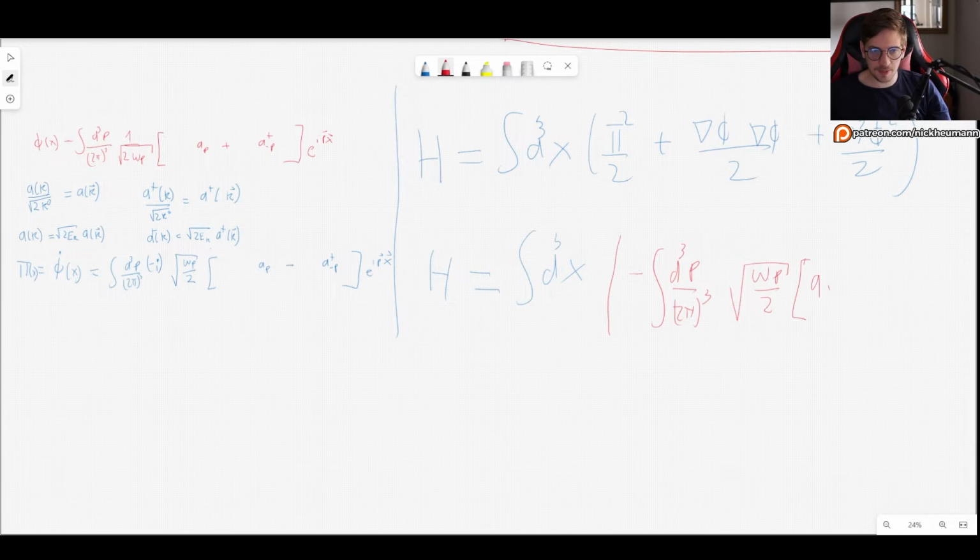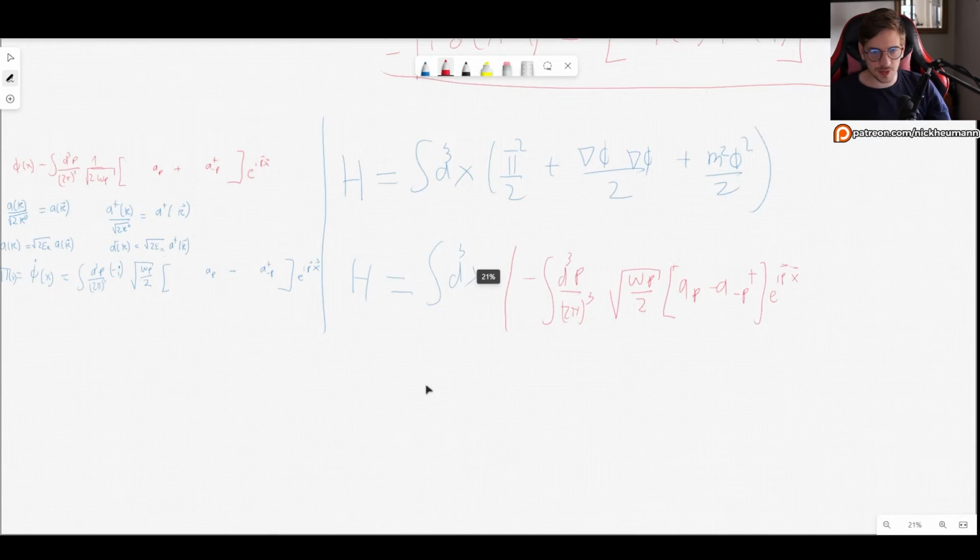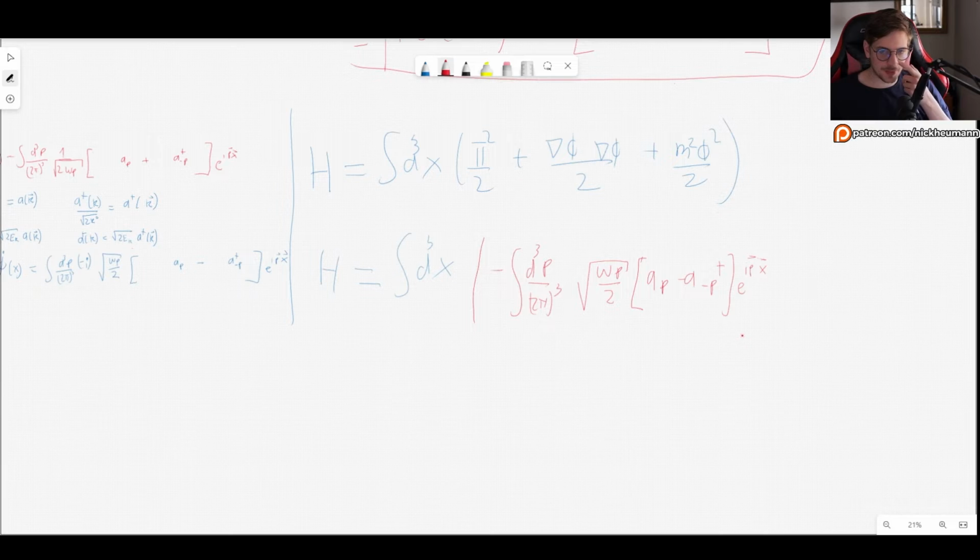So this is a p minus a minus p dagger e to the i p x, and now we have to multiply it again, but this time we will allow for the possibility of p being different.